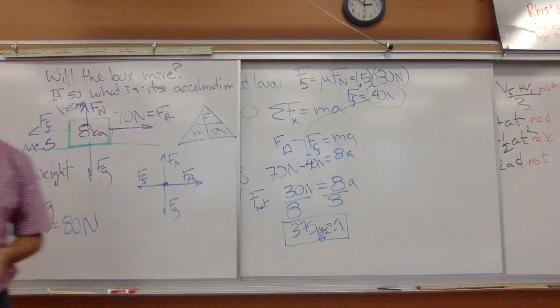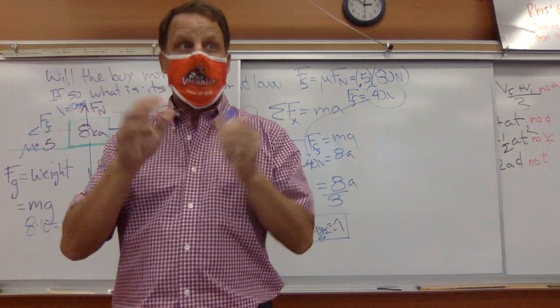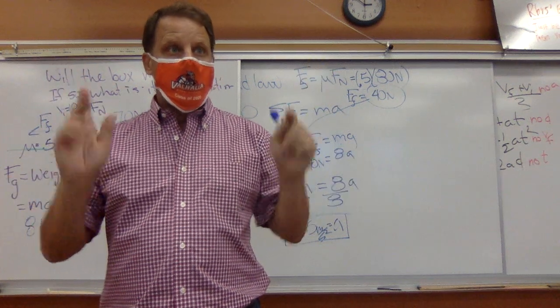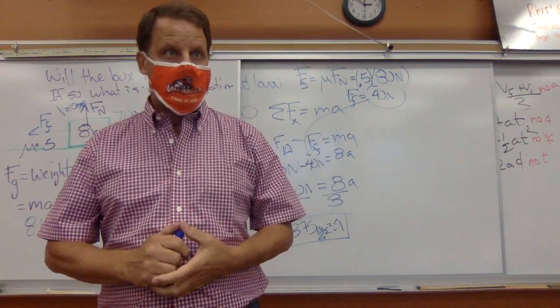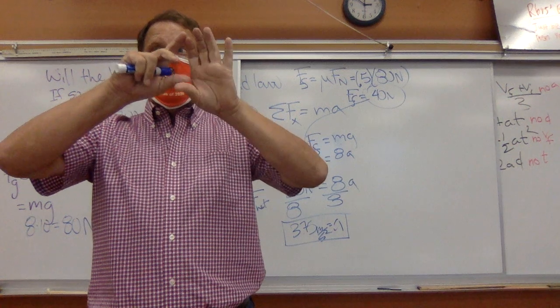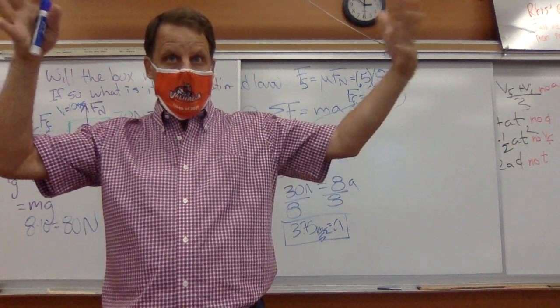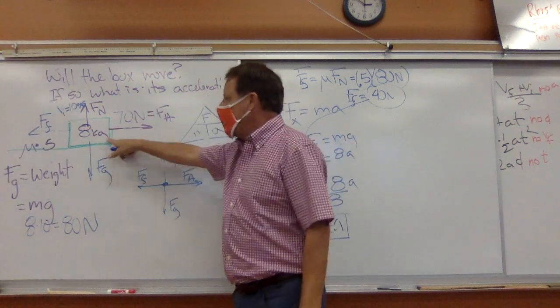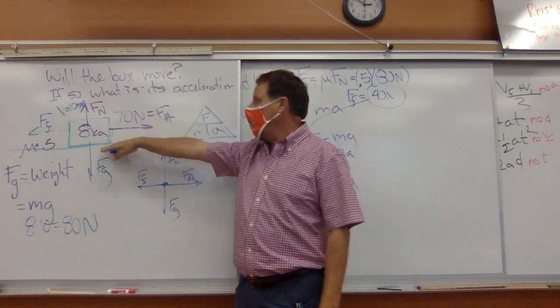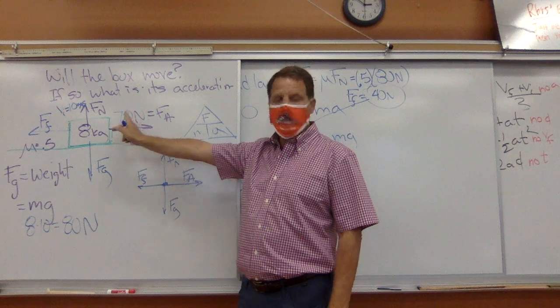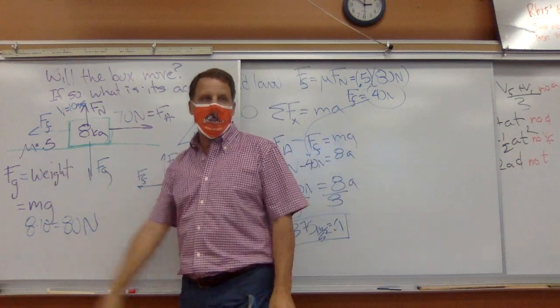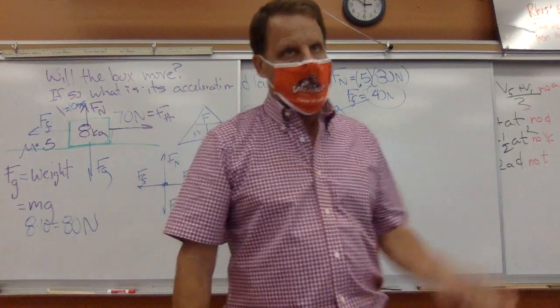All right, so you're going to see a quiz question like this, okay? And it's going to give you the same setup. Let's say you have an 8-kilogram box sitting on the ground with an applied force of 70 newtons and a coefficient of friction of 0.5.